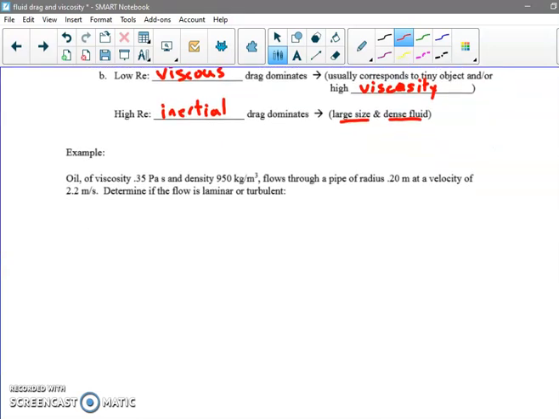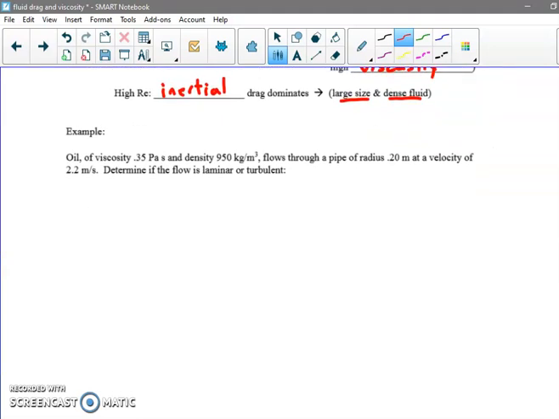Okay, so we can do a simple problem. We have oil, it has a viscosity of 0.35 Pascal seconds, density, etc. Determine if the flow is laminar or turbulent. So if we use the Reynolds number equation, which is V R rho of the fluid divided by eta, we can plug in a number. It's pretty straightforward. I'm not putting them in any particular order.